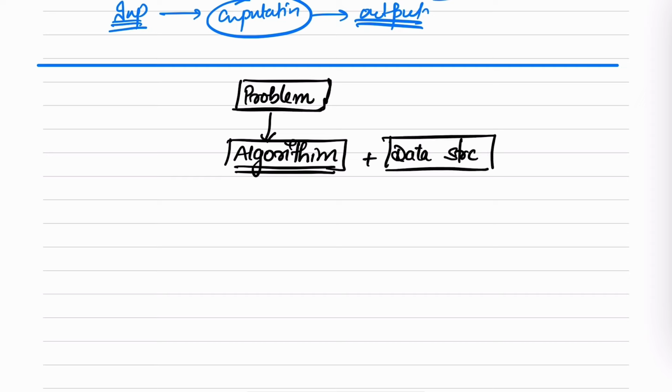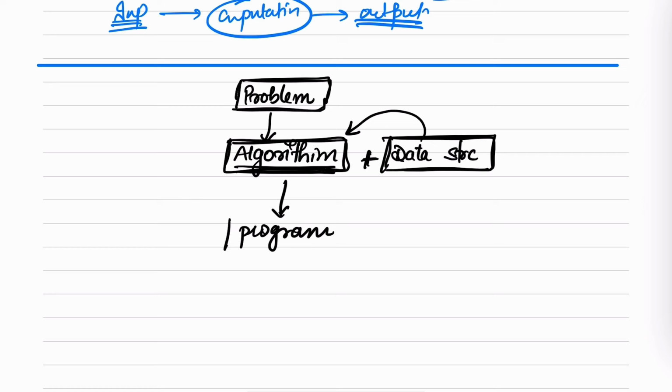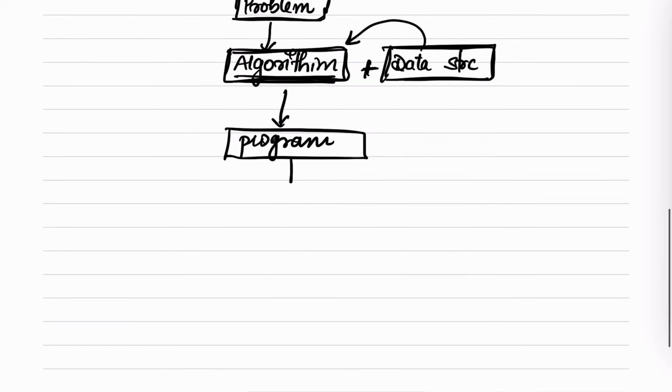So whenever you have a problem and you have some algorithm plus some data structure used in the algorithm, then in the next step you get the program. A program is nothing but an executable form. Then that program computes something.